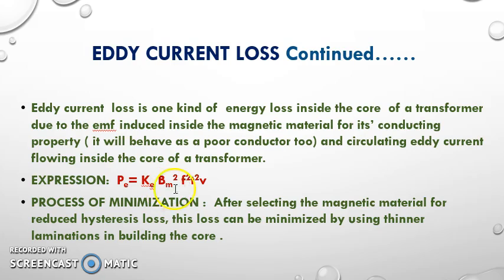We cannot change all those things. So we can only change this T. Ke also cannot be changed because it is also dependent on the magnetic material, and we have already selected the magnetic material. So the one and only way for reducing the eddy current loss is to reduce this T, that means the thickness of the lamination.